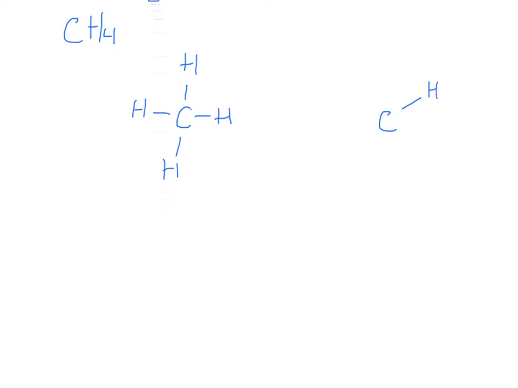So we have one hydrogen here, another hydrogen going here, and now we draw a dashed line to indicate going behind my screen here. So this is actually going into or behind the screen. That's hydrogen, and we draw a solid wedge here to indicate it's coming out of the screen.